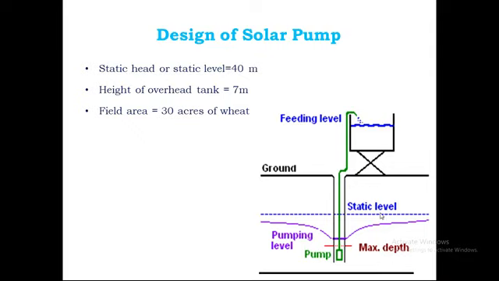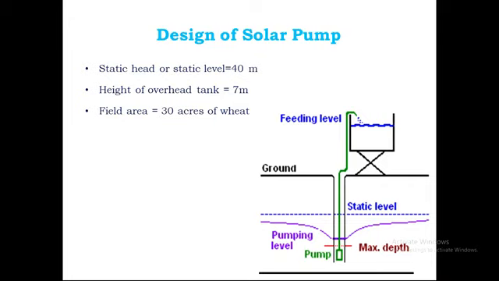This is the maximum water level, and from the top of this water level to the ground is called the static head, and from the ground to your overhead tank it is called the suction head.